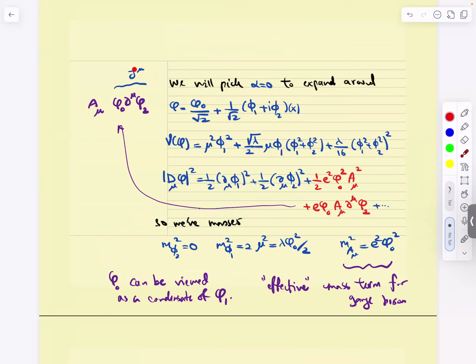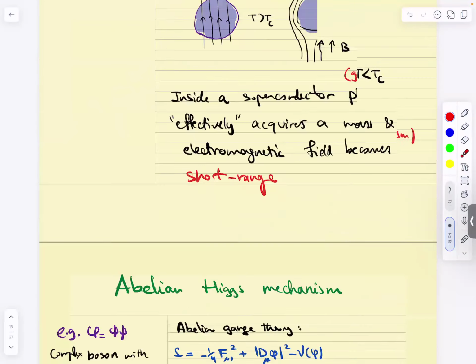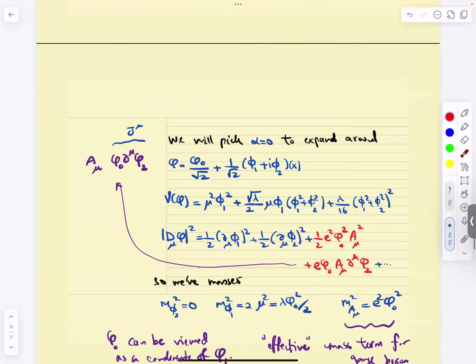Recall what J mu was. J mu, when we expanded it to the lowest order, is phi 0 del mu of phi 2. I can bring it back if you want. Well, okay, sorry. Let me go slower. So take V of phi, plug in this expansion, and expand. You're going to get the covariant kinetic term for field phi.